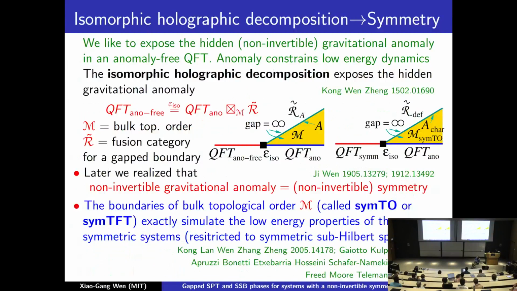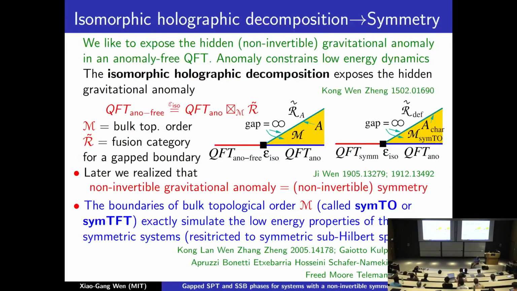Our encounter with this holographic theory was actually a detour. We studied the gravitational anomaly at first. But certainly here, the gravitational anomaly is not the usual gravitational anomaly defined in field theory. We define that as an abstraction to have a lattice UV completion. So that is our definition for gravitational anomaly.